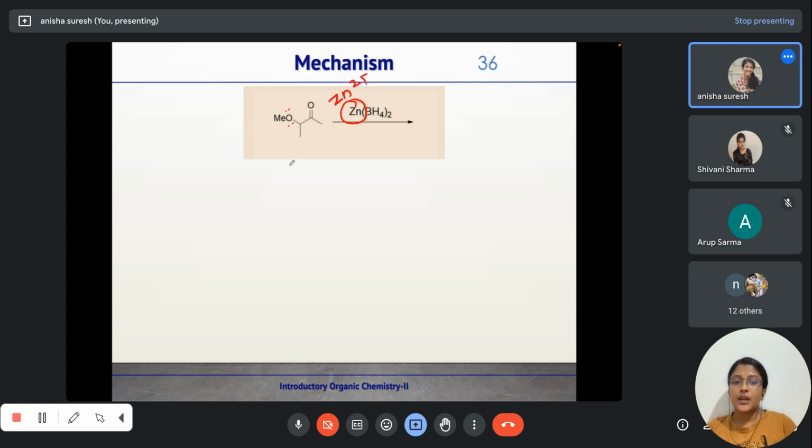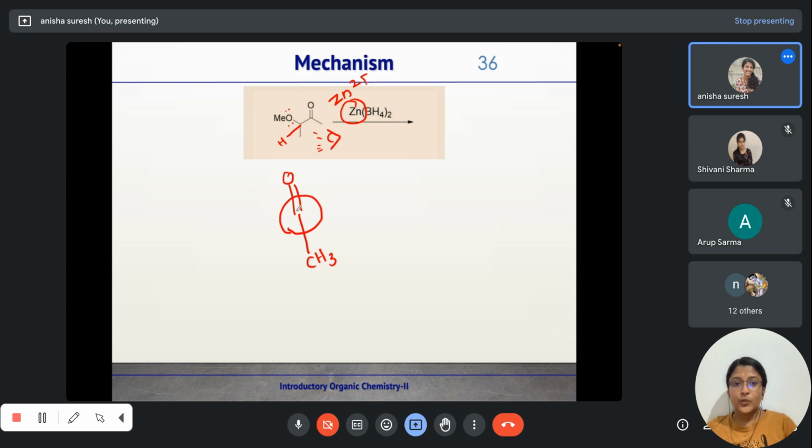So we can draw the Newman projection, like carbonyl, CH3, and if we look in this direction, there will be one hydrogen as well.